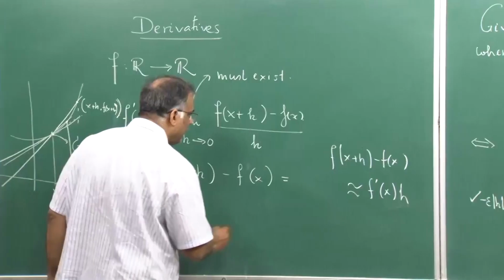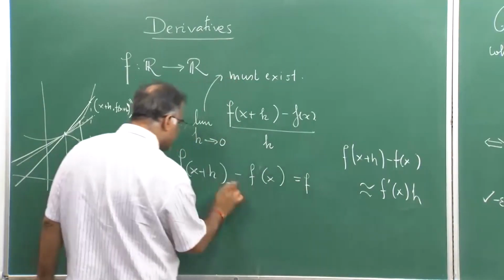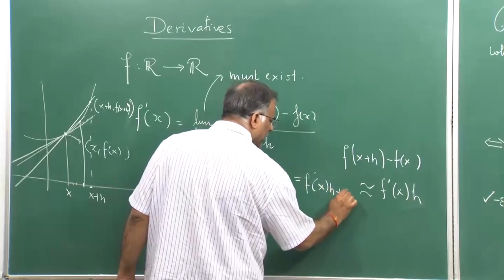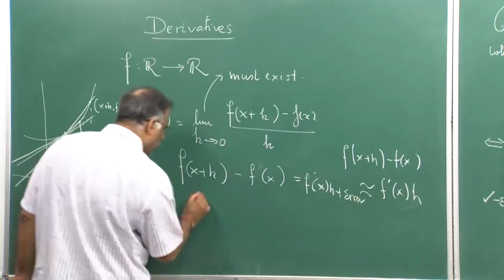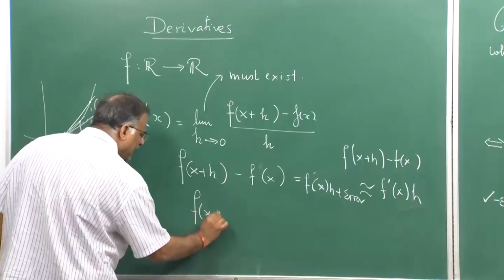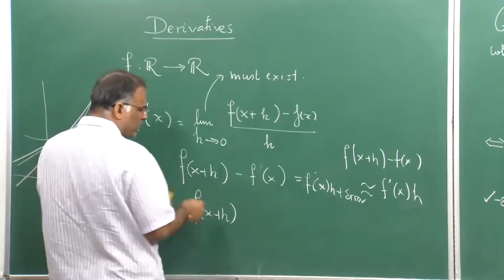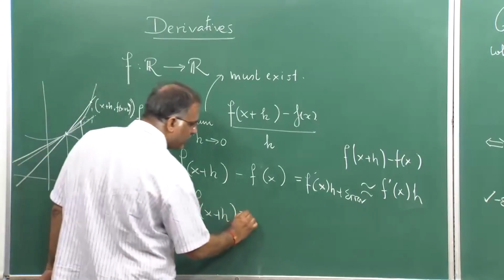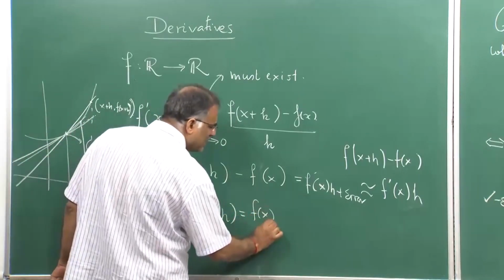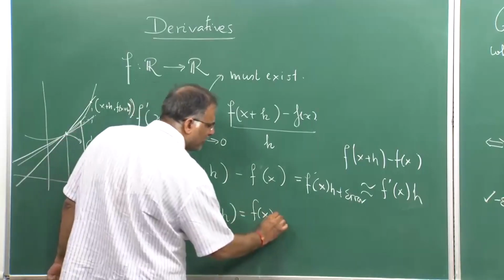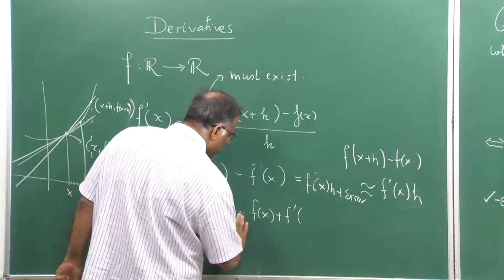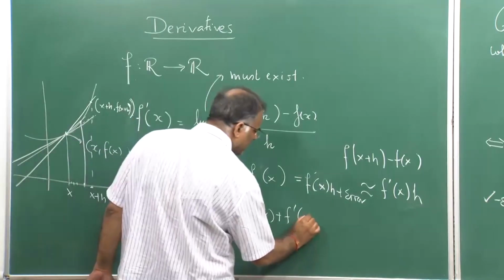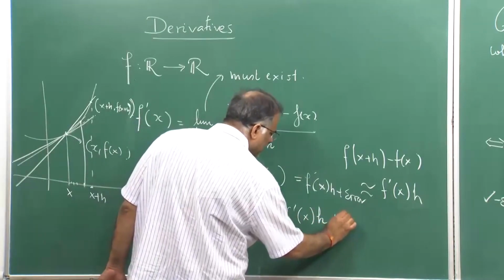So, basically we can write that this difference is plus some error, which means if you give me x, and I know the function value at x, then f of x plus h can be calculated for very small h as almost similar to f of x plus f dash x h plus error.